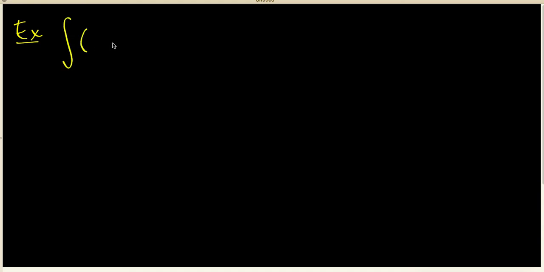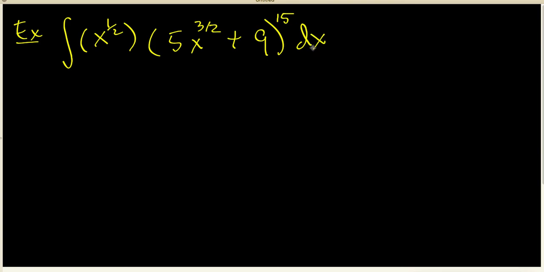We're going to have, let's make it, x to the 1/2 times 5x to the 3/2 plus 9, raised to the 15th. Now, what I want to notice is, again, there's an obvious composition, junk to the 15.